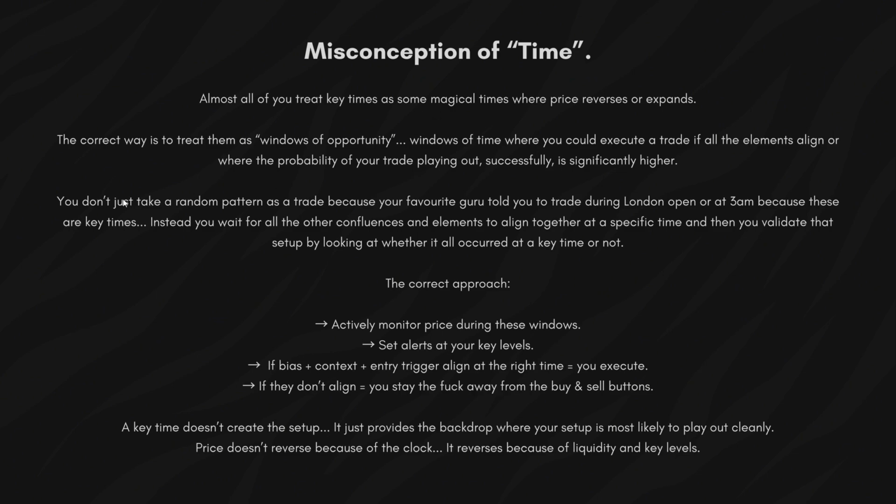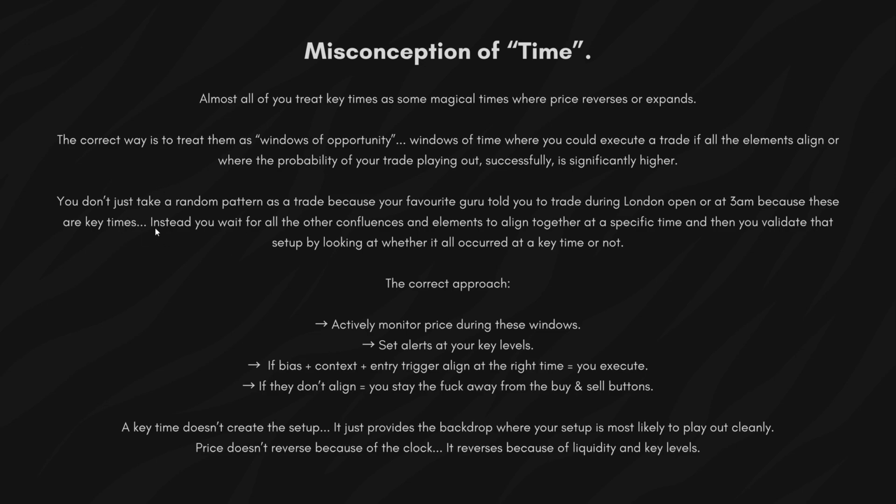You don't just take a random pattern or a random setup as a trade because it formed at the London Open or during the 3 a.m. key time, and think that because these are key times, the setup is just supposed to play out regardless of what the directional bias is, or regardless of the presence of a market context on the intermediate time frame.